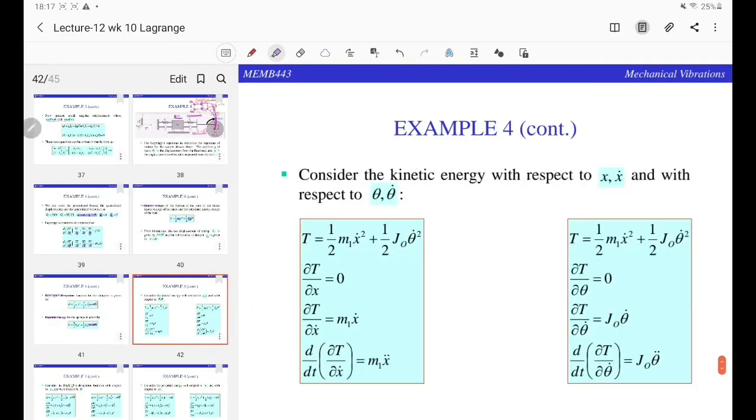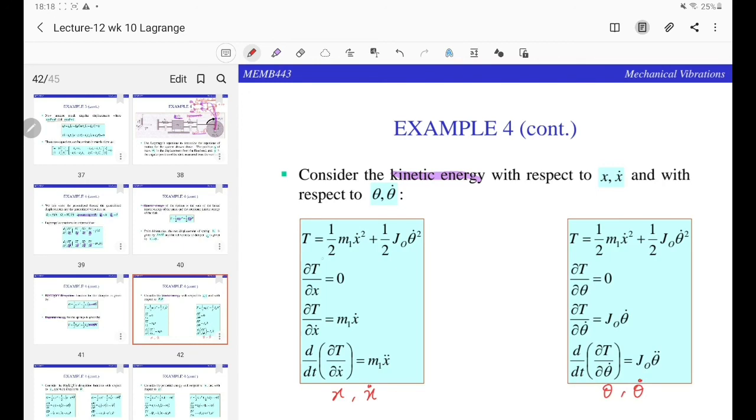For the kinetic energy, you can also do it another way, column by column. All these are with respect to X and X dot, and this one is for theta and theta dot, the right side of it. Then you solve each of it.